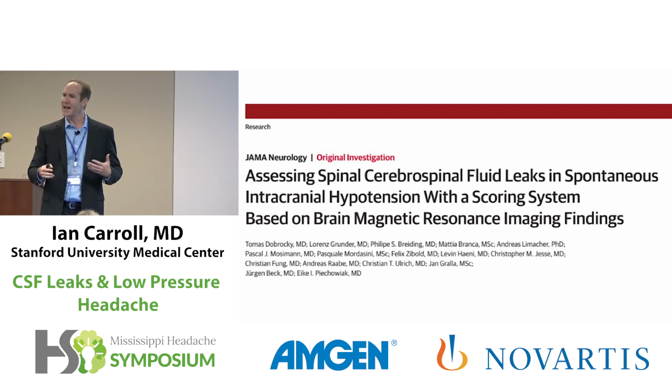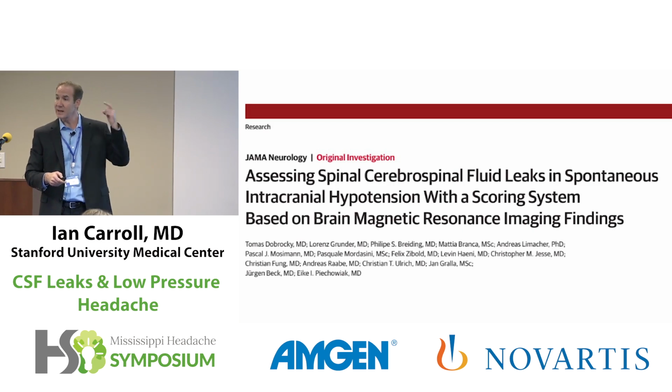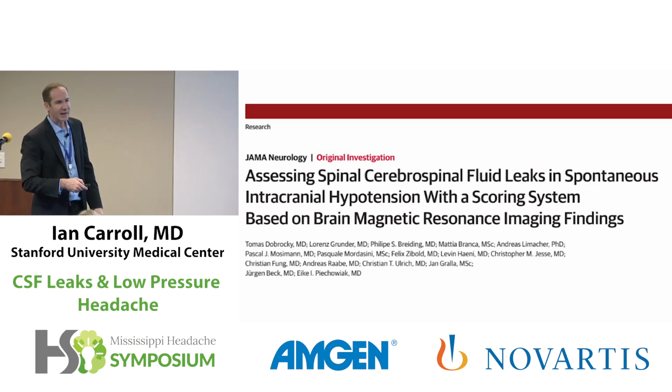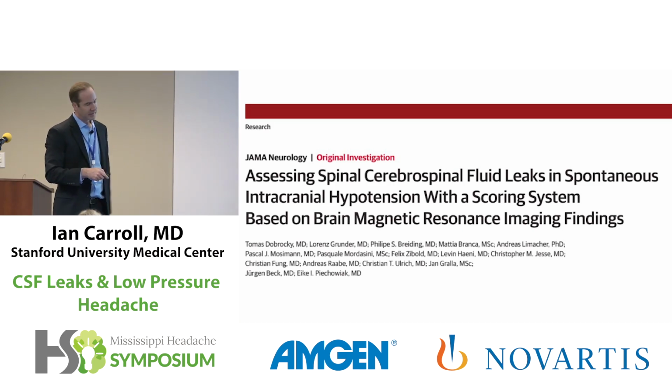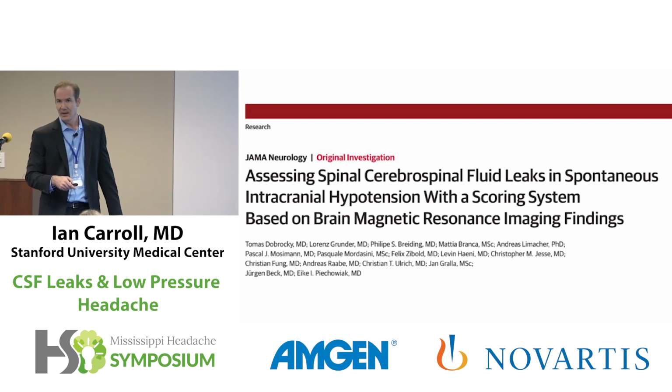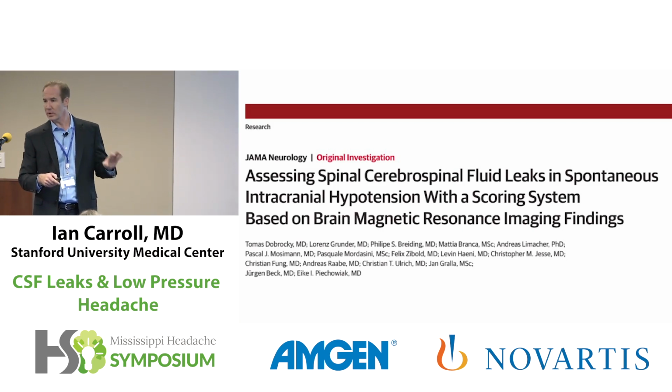And the right way to make that decision is to see what findings on an MRI actually predict someone having a leak visible on a CT myelogram of the spine. What brain findings predict a positive spine myelogram showing a leak? So he gathered 56 people who had CSF leaks confirmed on CT myelogram and 60 controls, normal brain MRIs.